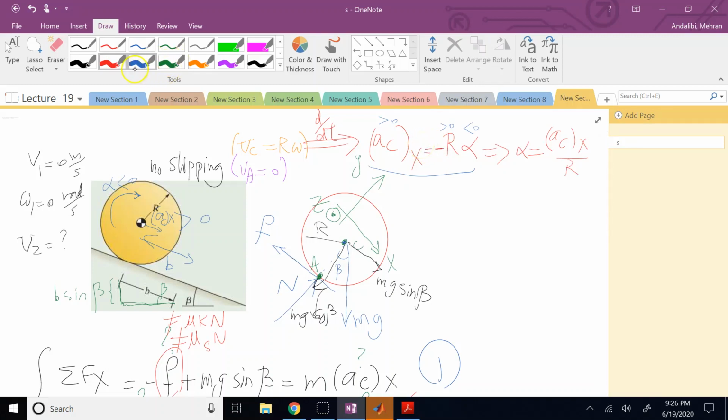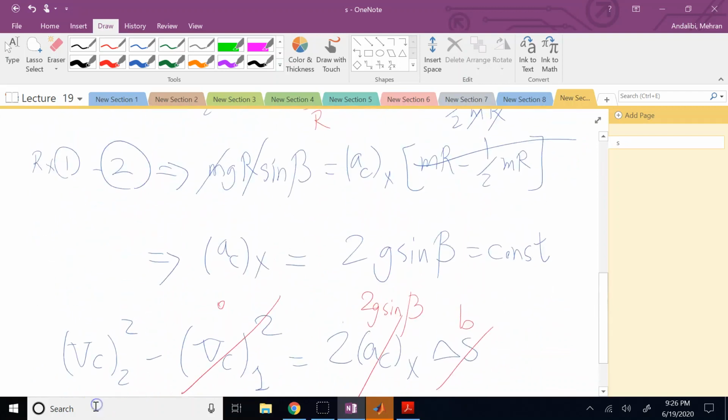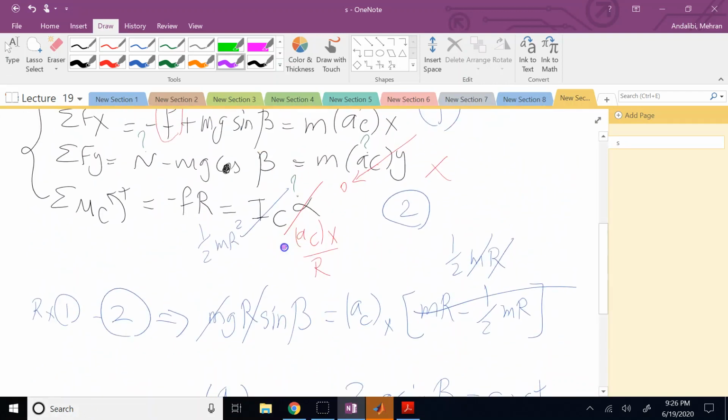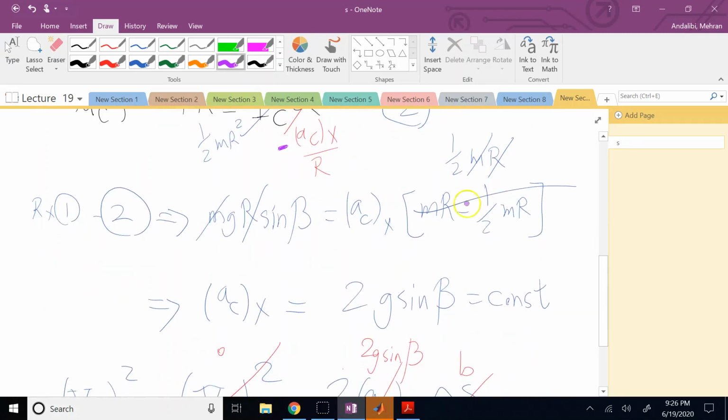Let me use a different color and make it bold so that you see it. Okay, I have to add that negative to make it happen. And therefore here there is also this negative. And therefore here there is this negative. And so here this is going to be positive.